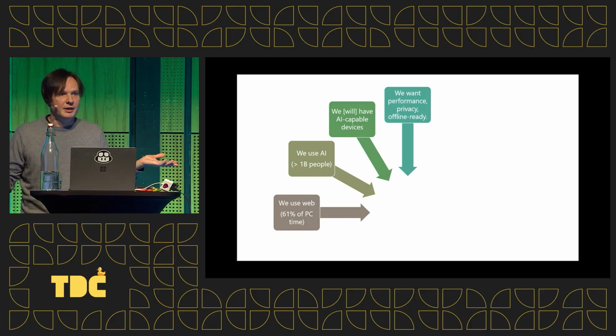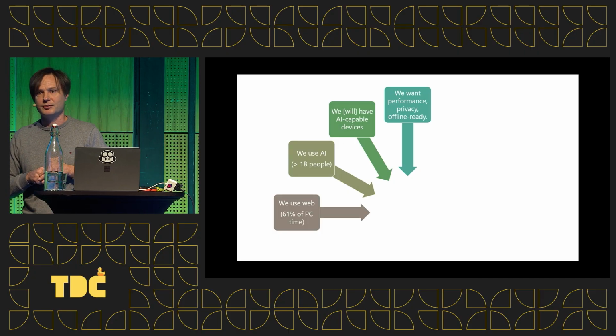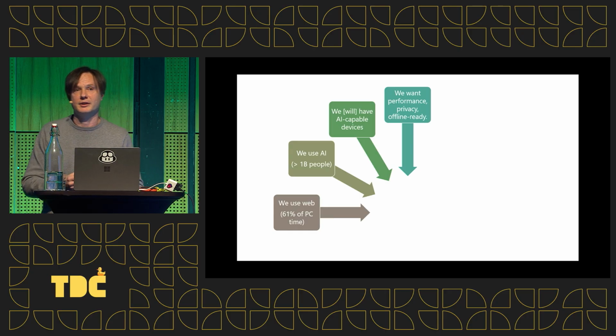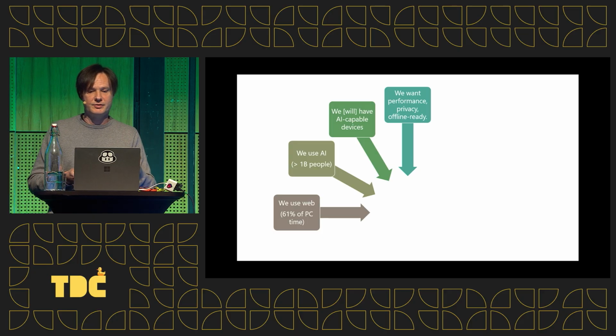As users, as consumers of artificial intelligence-based services, for sure, we want performance, we want our task to be completed fast, we want full privacy, and we don't want to depend on the connection, right? If we have a capable device, why not run all these things right here?